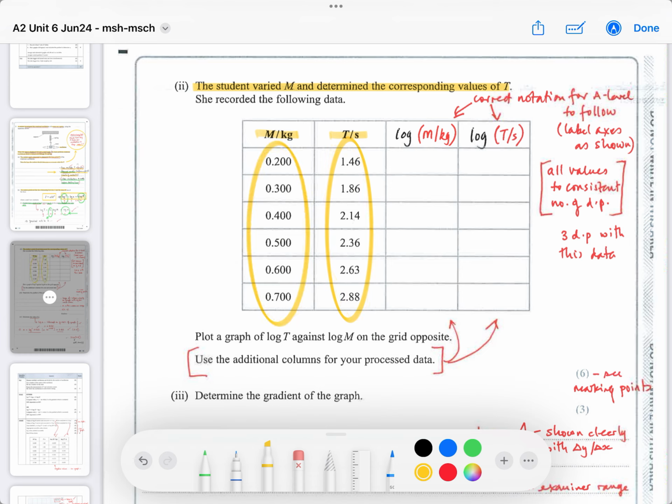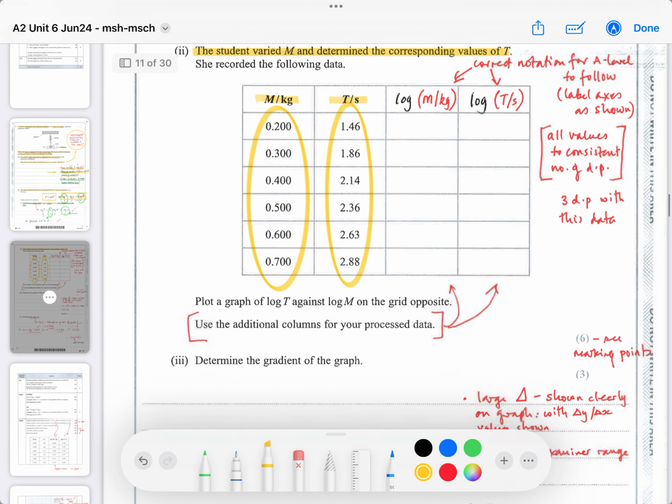The examiner tends to mention significant figures quite often, and in terms of measurements, you want it to be to the resolution of the instrument, or the precision of your instrument, which is the resolution. They then want you to take logs to plot a graph of log T against log m. So they've given you the additional columns for you to use your calculator to work out log to the base 10 of mass in kilograms and log of period in seconds.